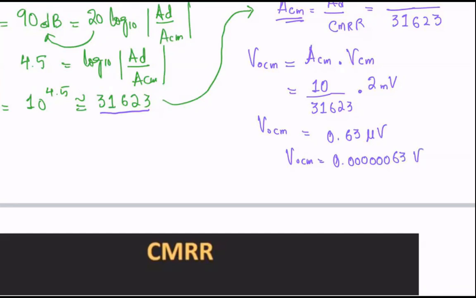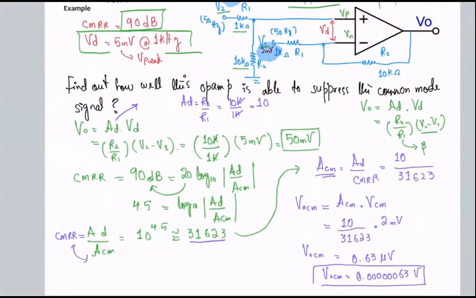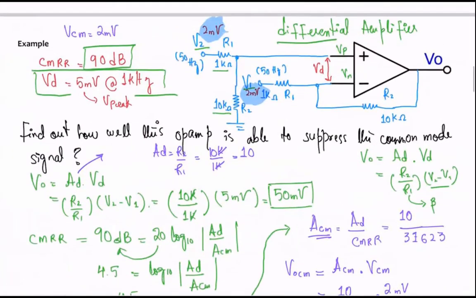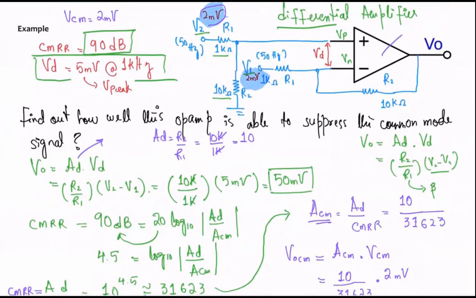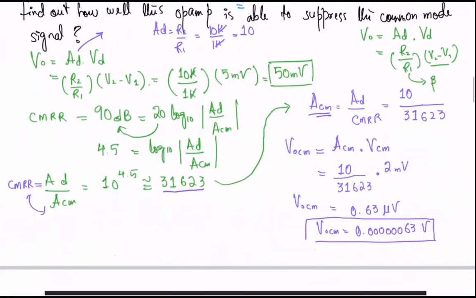So is this a good number or not? Yes, that's a good number, because initially it was 2 millivolt, and this magic device is able to cut that down to such a small number. So that's actually a job well done.